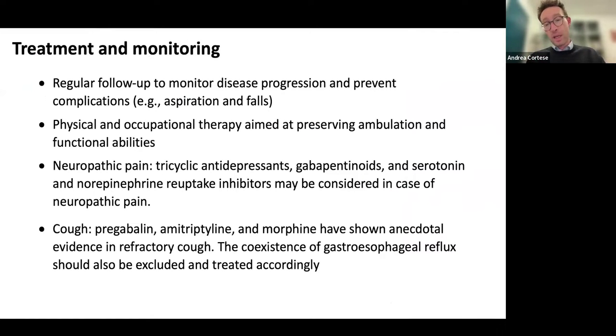I tend to see them every year to inform them about how to prevent falls and aspiration, which is when, you know, things go the wrong way in the airways, and that can trigger a bad lung infection. Physiotherapy, occupational therapy, preserving ambulation and functional abilities is very important, and it does require, you know, the patient to keep doing it.